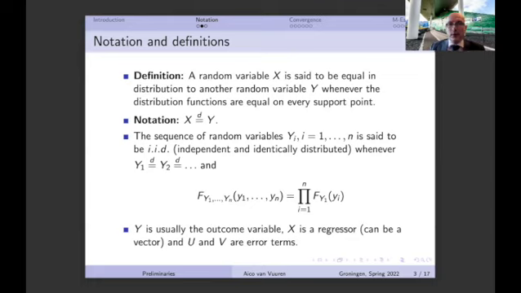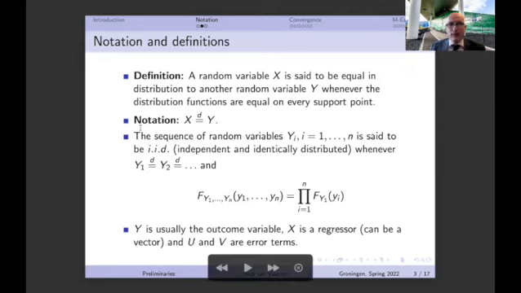I can use the outcomes of the dice for random variables, of course. x is going to be for the first dice, and y is going to be for the second dice. We should realize that, of course, at the moment that both dice are thrown, x and y are going to be equal in distribution. However, they're not equal in outcome, because equal in outcome means I'm going to have exactly the same outcome for the first and the second one, and that's of course not true.